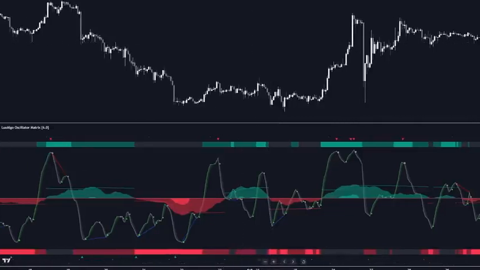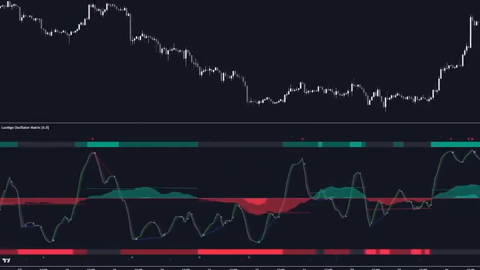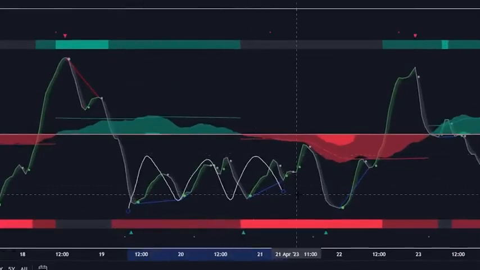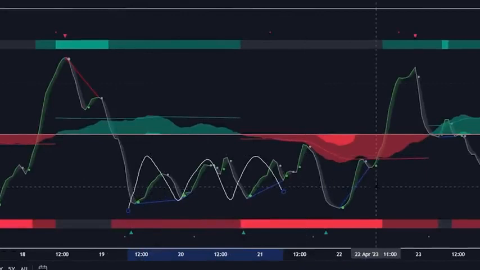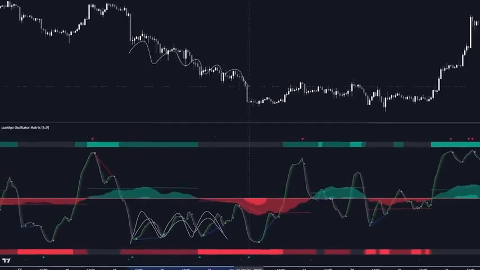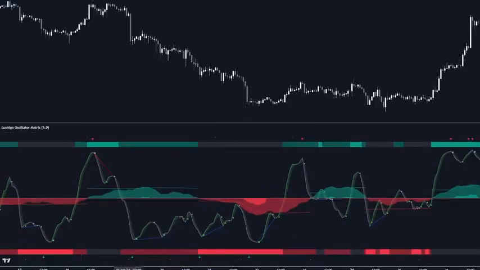So some basic examples and usability for this indicator is when this oscillator is generally moving below the 50 level, like down here, especially when it is below the 20 level, you can see the values right here, that is when you're going to get some bearish price action like this. If the oscillator is specifically holding down here, that's indicating we're in a bearish trend.